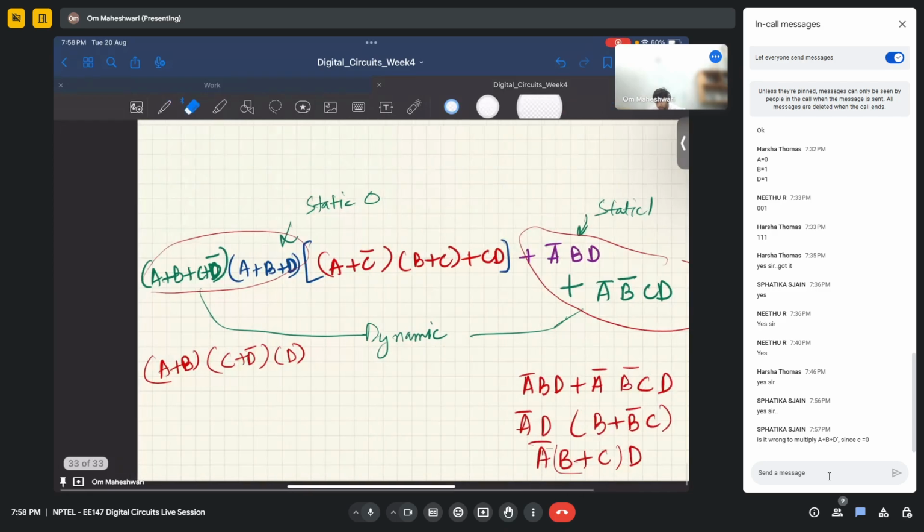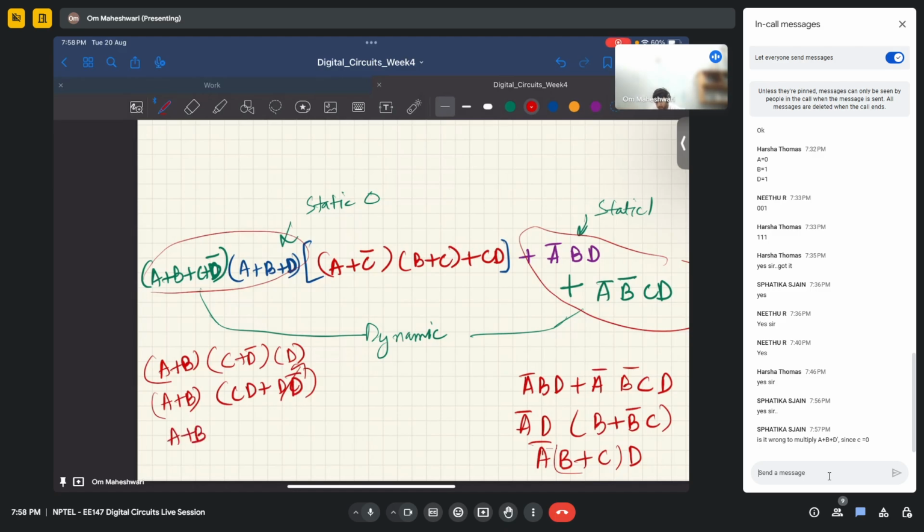To multiply this, a plus b, c d plus d d bar. You get a plus b, c d.